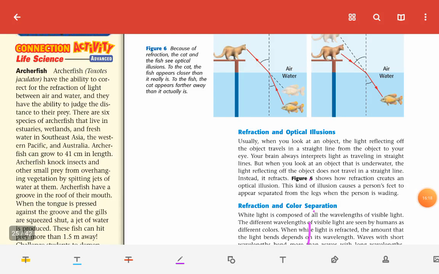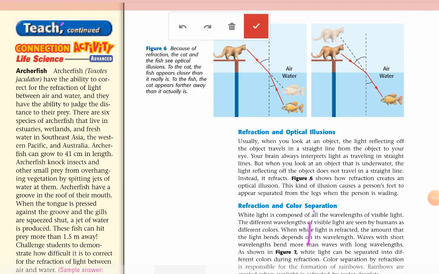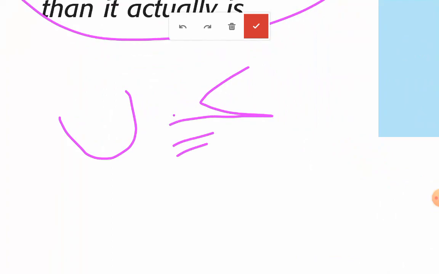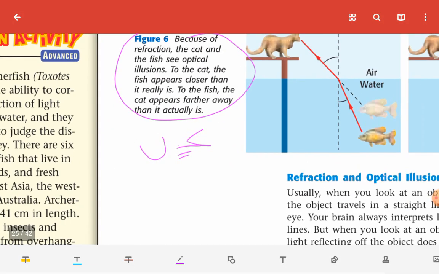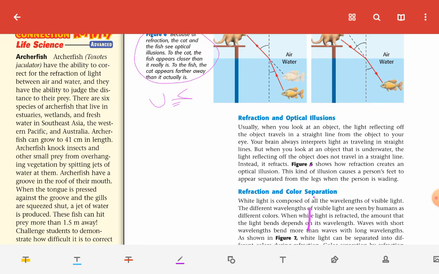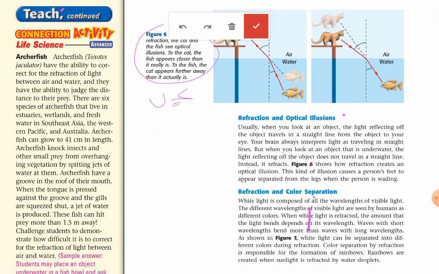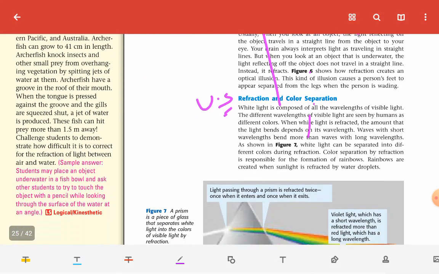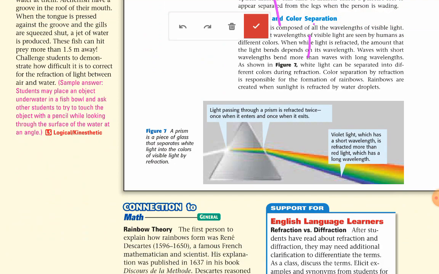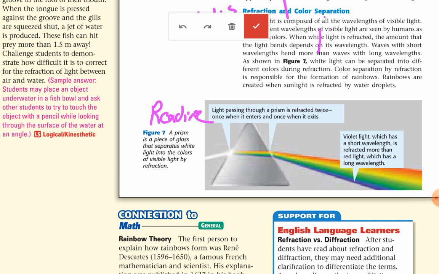Here figure 6, right, US. First paragraph US, and second US. Figure 7, reading.